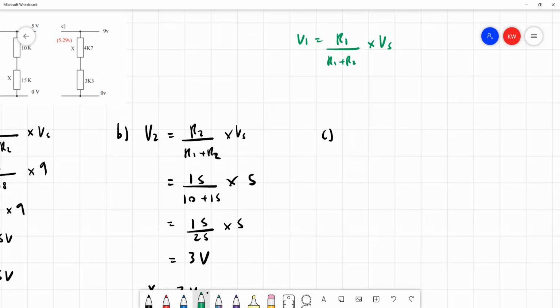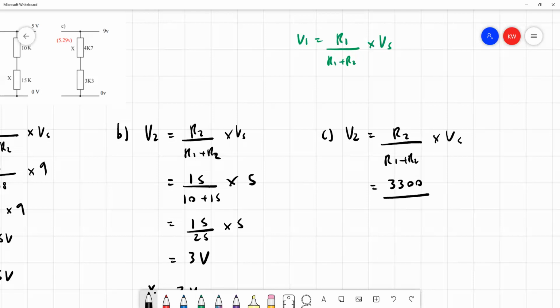So let's work out first of all the voltage across resistor 2. So here we have V2 equal to R2 over R1 plus R2 times the supply voltage, and that's going to be equal to, well, let's see what these things mean. 3K3 means 3,300, or you could write 3.3 kilo ohms.